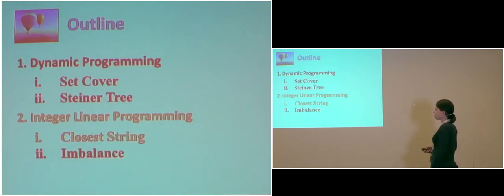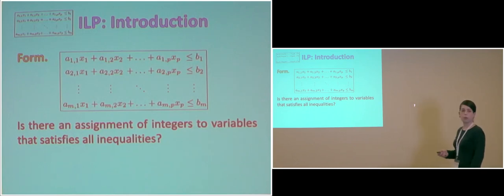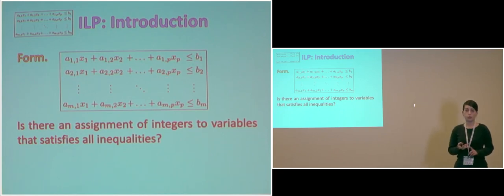And now we are going to discuss ILP. So this is the form of an ILP. In this picture we have p variables, x1, x2, x3, up to xp. And we also have m constraints.